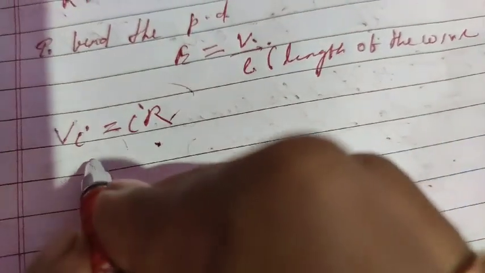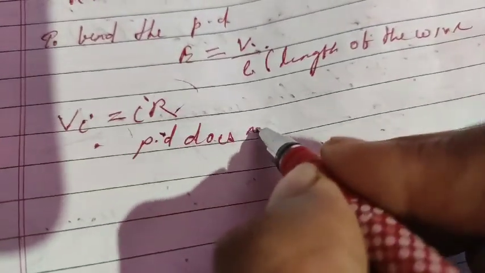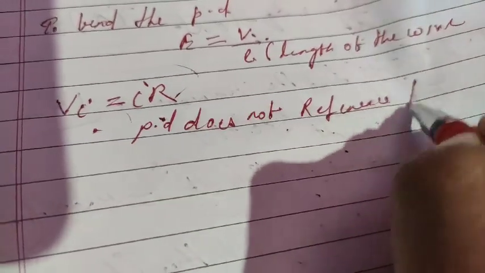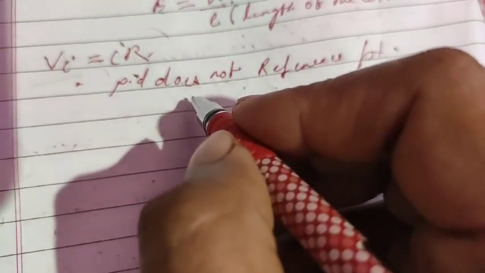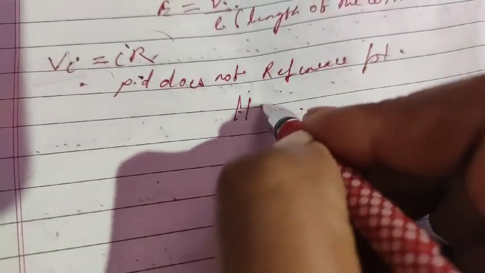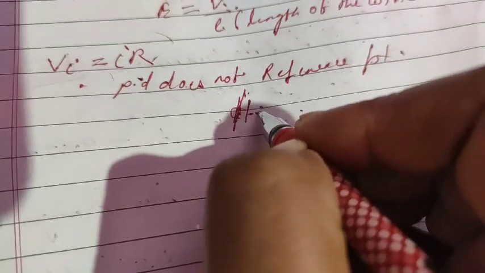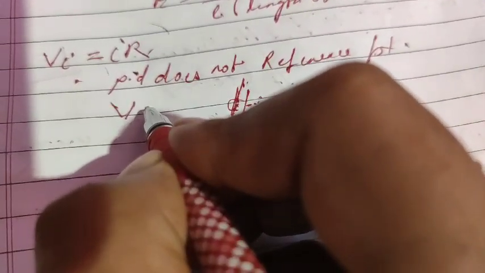But one thing you have to remember is that potential difference does not depend upon the reference point. It is not depending upon where you have started. It always depends on the two ends of the battery, one positive and another negative. Suppose I have considered the resistance of the wire is 0, student.